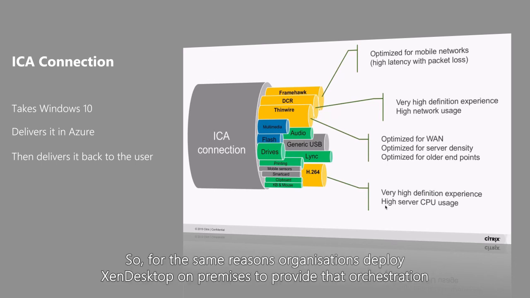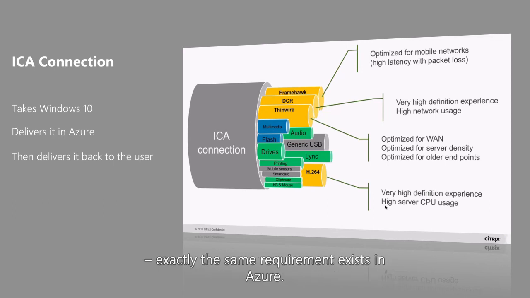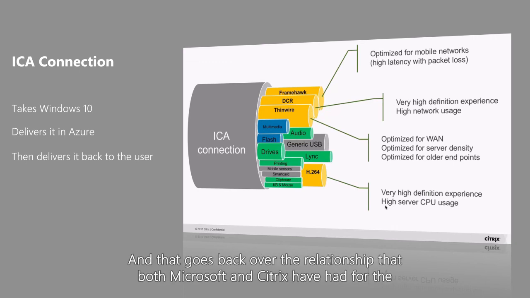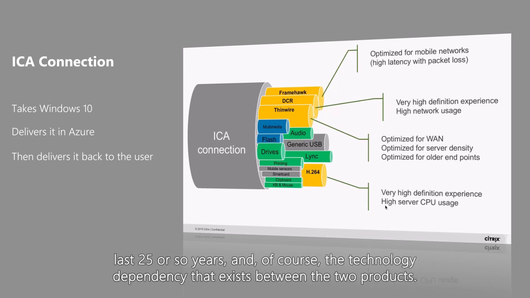So for the same reason that organizations deploy XenDesktop on premises to provide that orchestration, exactly the same requirement exists in Azure. Admittedly, there are other orchestration tools available out there, but our preferred method of delivery will be Citrix XenDesktop, and that goes back over the relationship that both Microsoft and Citrix have had for the last 25 or so years, and of course the technology dependency that exists between the two products.